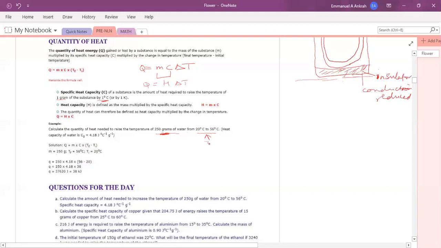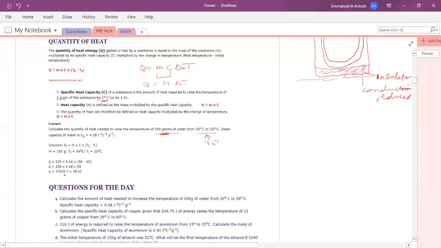So the change in temperature is 36 degrees Celsius. So the mass 250 times the specific heat capacity, 4.18, times the temperature change, 36. If you multiply this out, you get 37,620 joules.